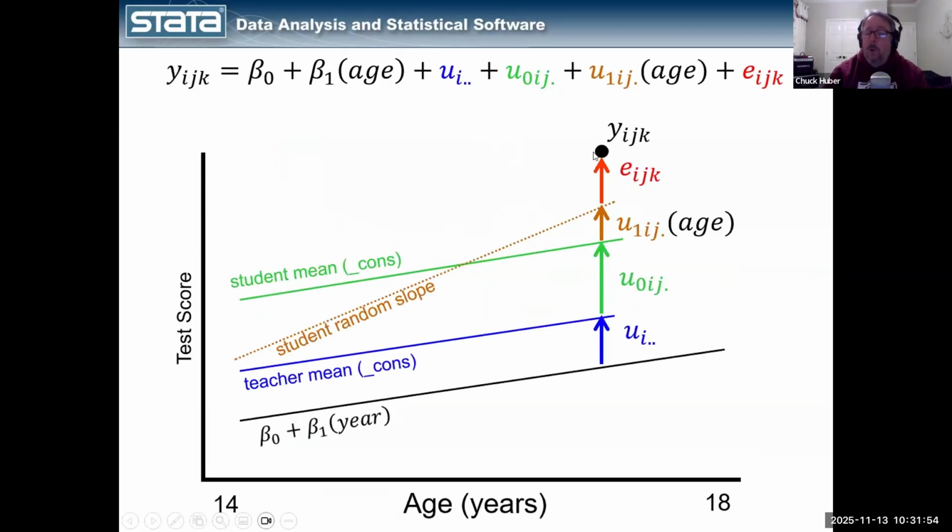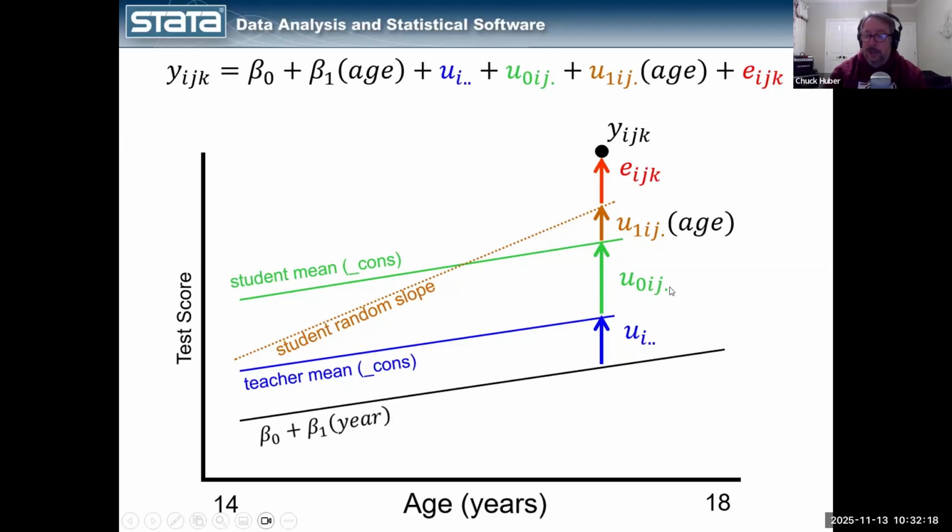And now we have four of these deviations, just like we did before, but we have an additional blue line here. So we have our average regression line, beta 0 plus beta 1 year. Then we have the deviation of a particular teacher's mean from that line. That's the blue u_i00 arrow here. Then we have the green arrow, which is the deviation from the teacher mean to the student mean.